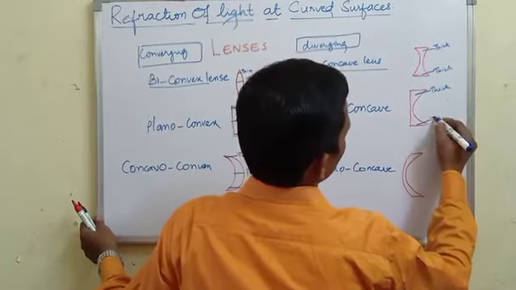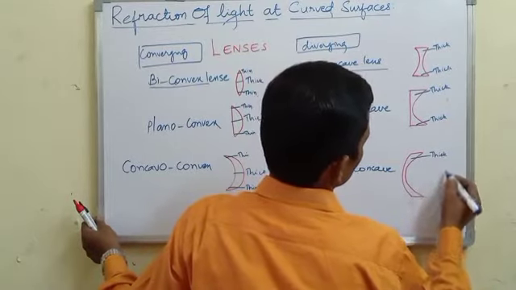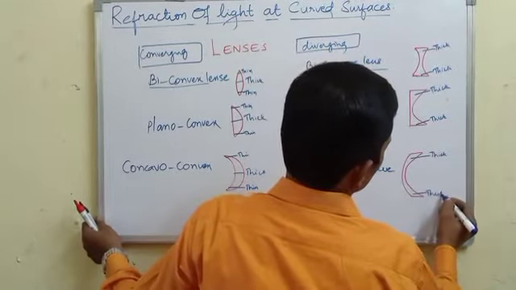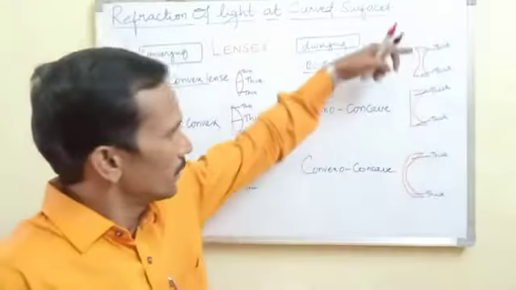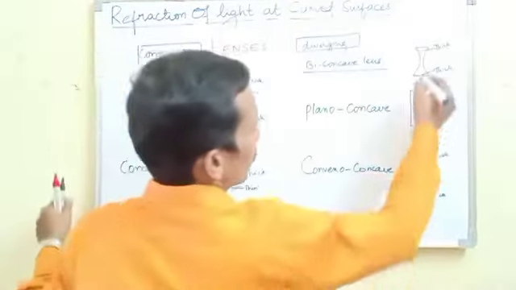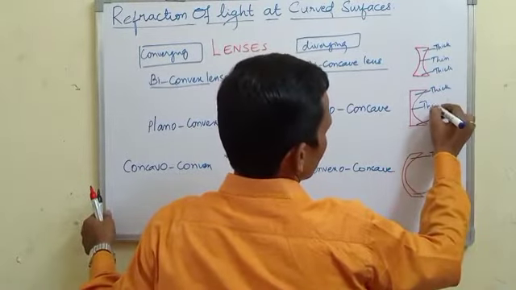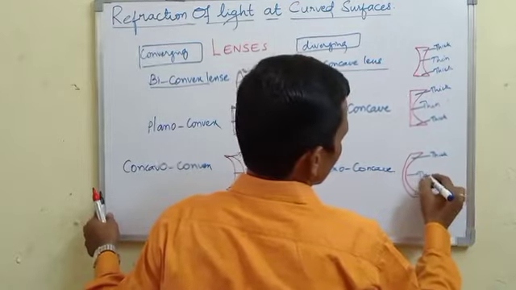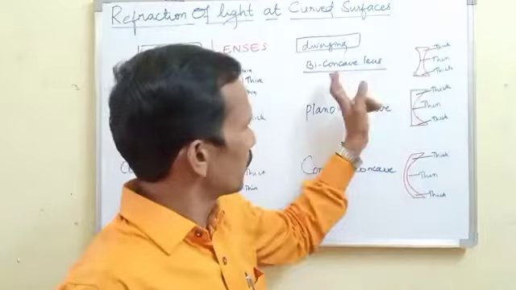If you observe the diverging lenses, the edges are thick and at the middle it is thin. This is curved inside on both sides, so it is the biconcave lens.